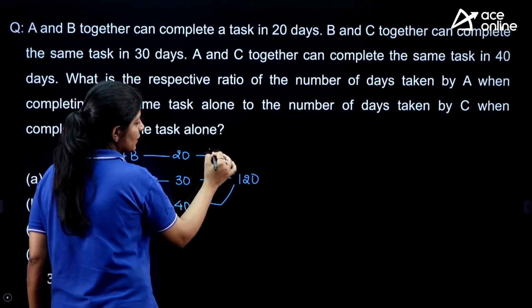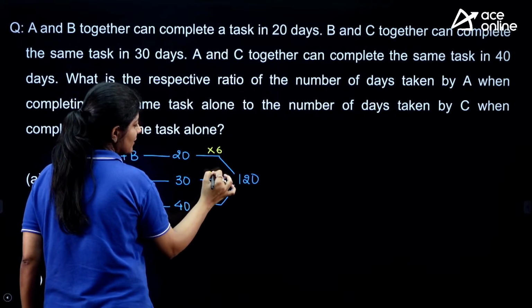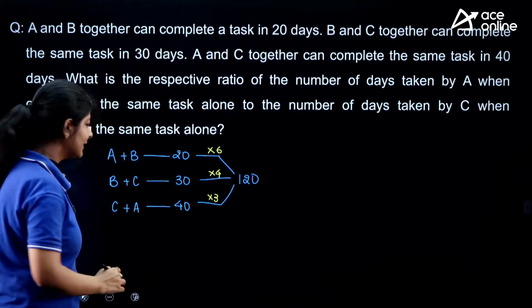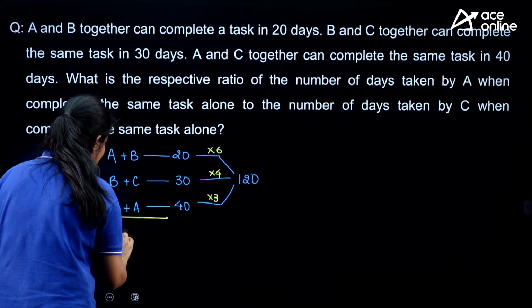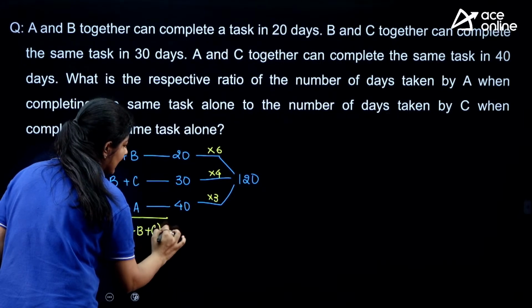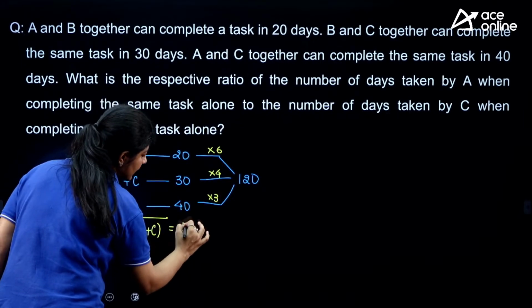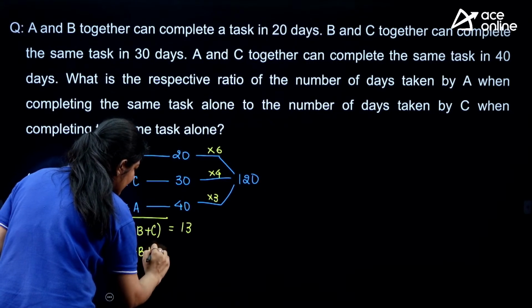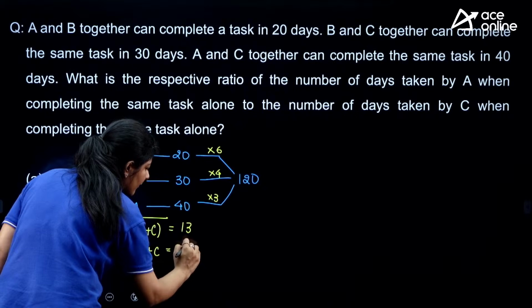So with the help of this, we get the efficiencies of these people. We can say that the total efficiency of twice of A, B and C is equal to 13. So the total efficiency of these three people is nothing but 6.5, right?